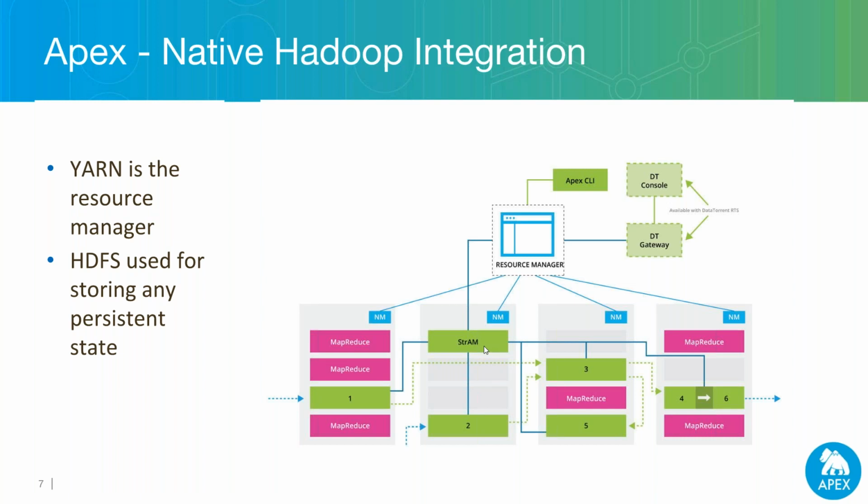The responsibility of the STRAM is to periodically monitor these operator containers, and if any operator goes down, it redeploys it into a different container. Here you can see operators 1 and 2 are on different nodes, operators 3 and 5 are on the same node, and operators 4 and 6 are in the same container. So these are the placements of the containers.